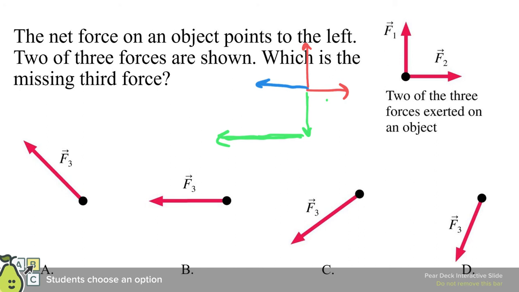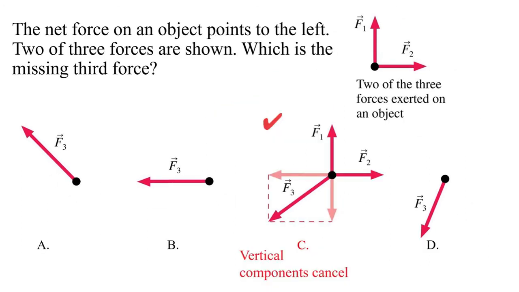Of course, for real, they want the vector that comes out, so I'm going to have to add these. Luckily, they're already tip to tail, and so I can draw just, oops, this would be the sum, so that would be F3. So it looks like it should be C, more over than down. And we see a nice artist-generated version of that rather than my little scribble.